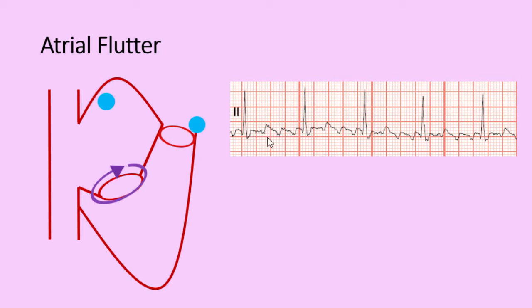So again, we have these repetitive waves that are caused by the repetitive re-entry circuit that we see here. And then every once in a while, they're able to make it through the AV node and depolarize the ventricles. So sometimes if you have a patient with SVT and you give them adenosine, which is a nodal blocking agent, you might be able to reveal underlying atrial flutter.